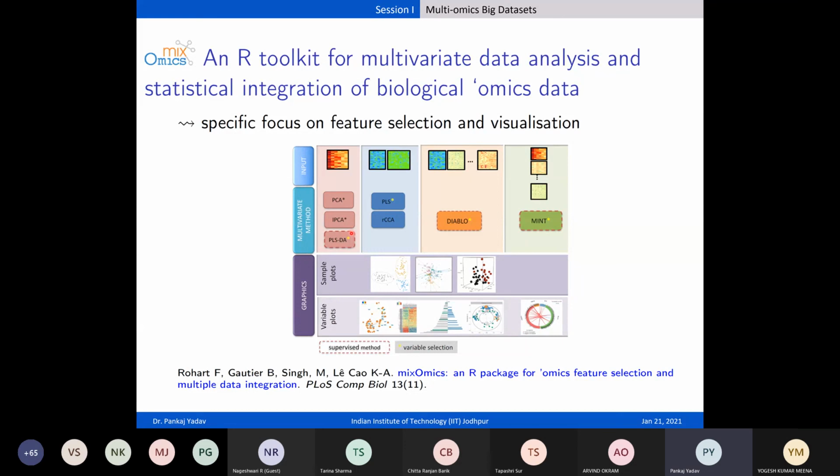They are available in this toolkit, and depending on what kind of data you have, you can also have different possibilities for the graphics to visualize your data.